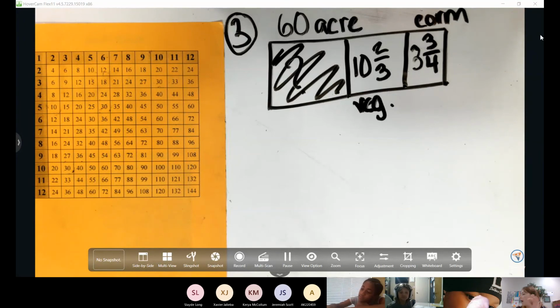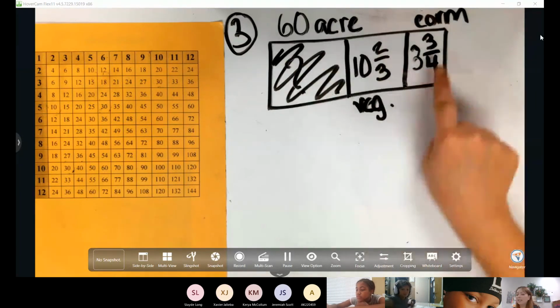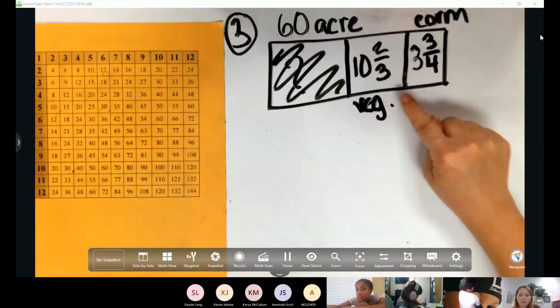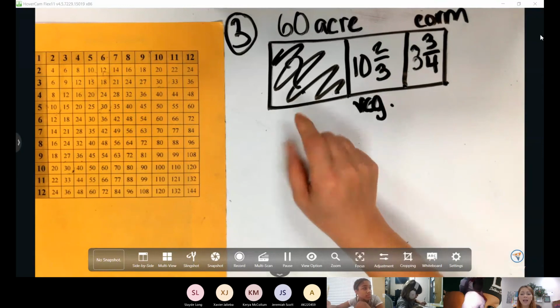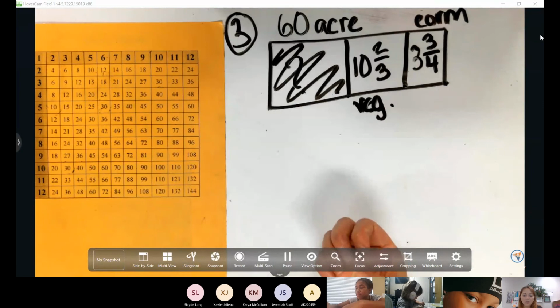So let me show you how this number sentence looks. What Logan is essentially saying is that I see that his total land is 60 acres. And he used some of it for corn and he used some of it for vegetables. So his bare land should be less than 60. And because it's less than 60, we know the operation is to subtract.